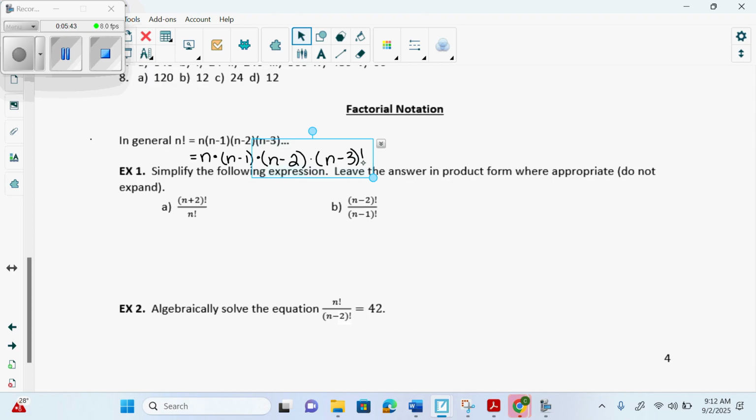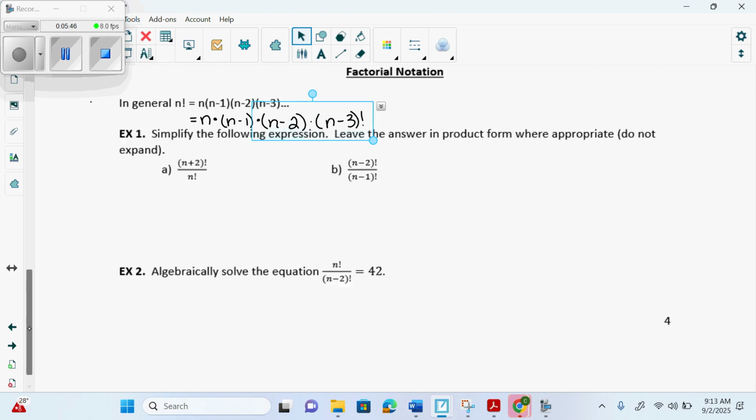Okay. So the same rule goes for simplifying when it has variables. What did we do when we simplified with numbers? We took the biggest number and broke it down till it matched the smaller one. Same thing happens here. What is bigger if I give you these two? If I give you n and n minus 1, which one is bigger?